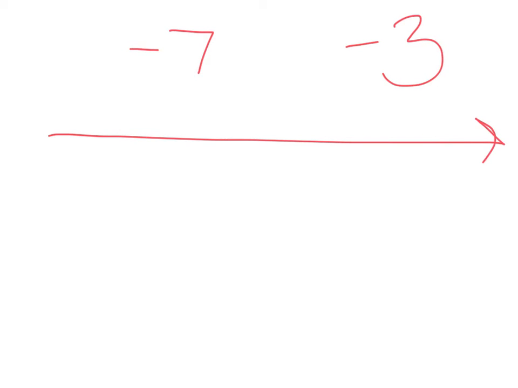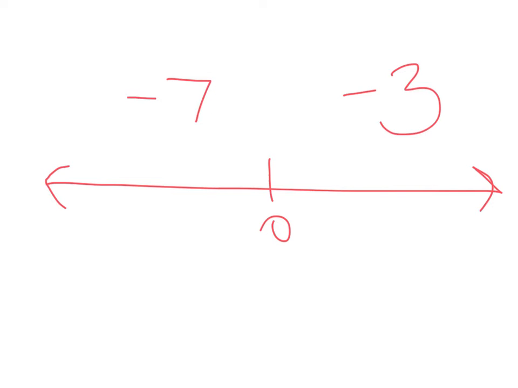So let's look at another example. I want you to write two inequalities involving -7 and -3. If I draw a number line and put 0 first, -3 will fall on the left side of the 0, followed by -7.